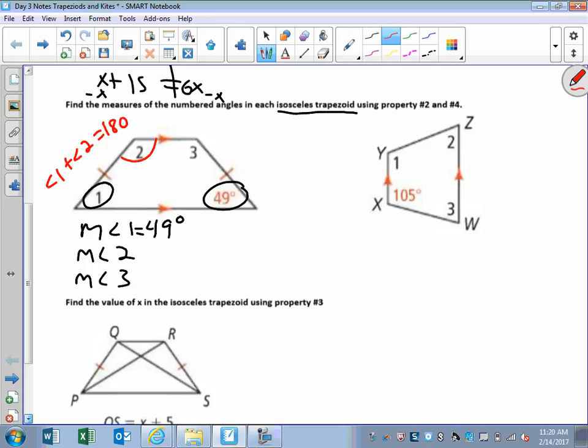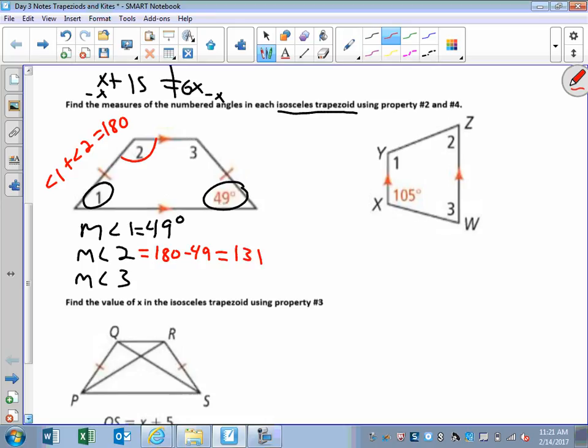Okay? So we know that angle 1 is 49. So to find angle 2, we got to do 180 minus 49, and that's going to tell us our base angle for number 2, which is going to be 131.